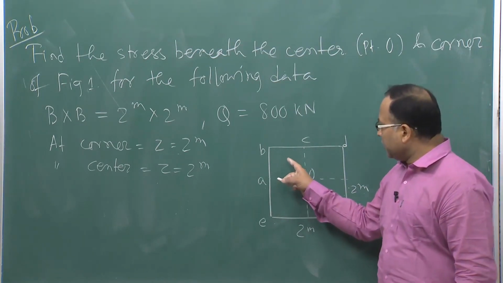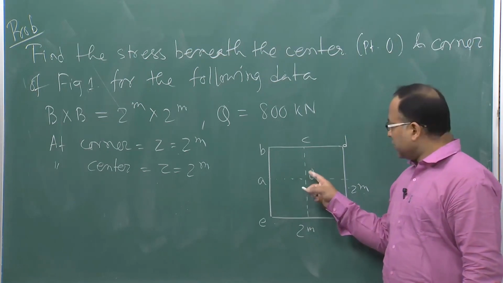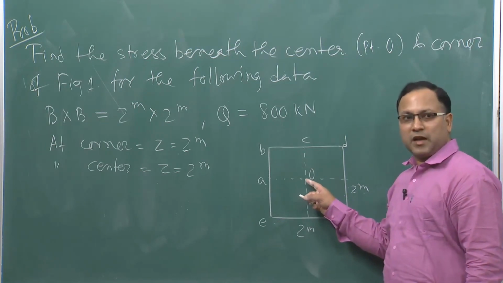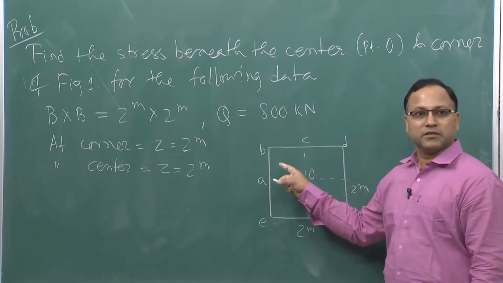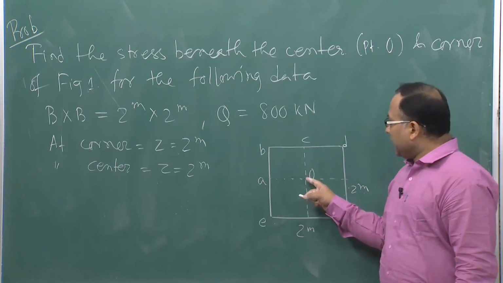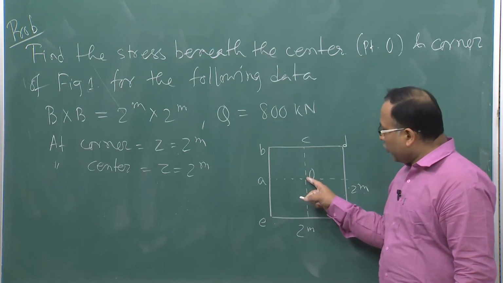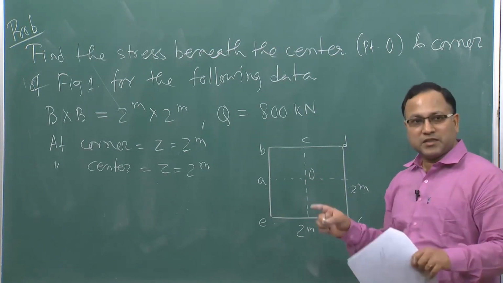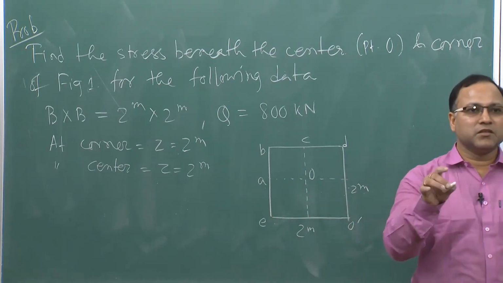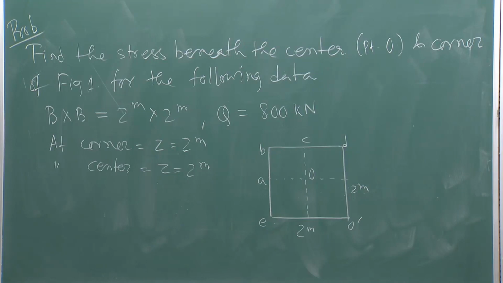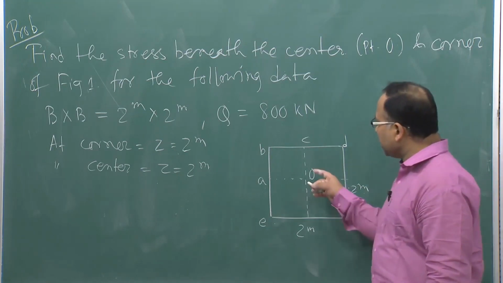So, I can find out the stress just below point O, because that point now belongs to the corner of this square area, right. Now, this point will have the participation of all 4 different squares, right.